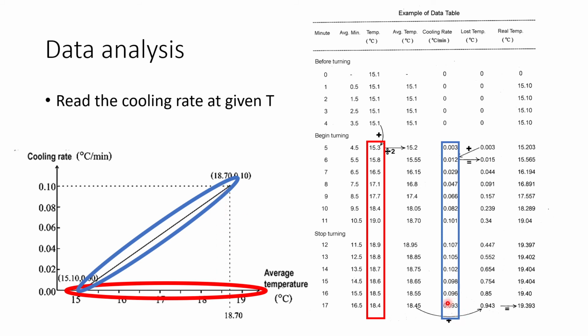Record the cooling rate here. Then right here 15.2, you can read 15.2, which is down here, which is going to give you the cooling rate of this much. So you just read whatever x-axis and y-axis value is sitting on this line, and then record the cooling rate in this column.